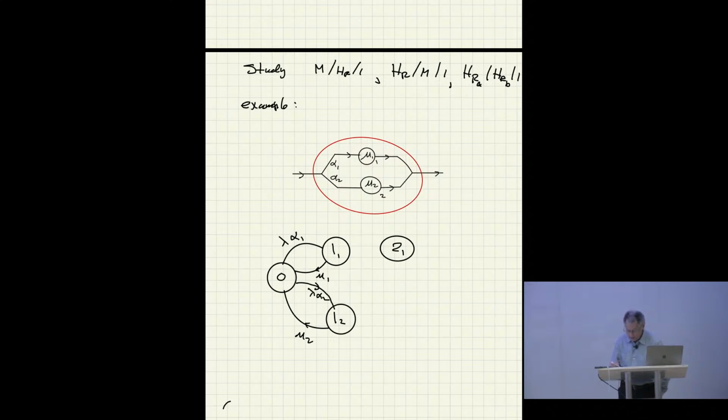So that corresponded to an arrival. There's no alpha here because the alpha was chosen for the guy in service. So that's at a rate lambda. And similarly, there's a state 2,2, and I go from 1,2 to 2,2, again with an arrival.